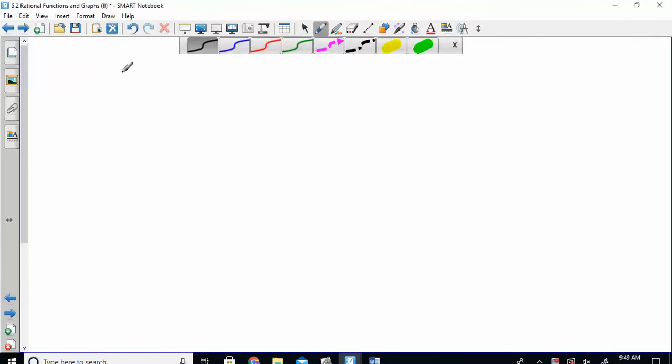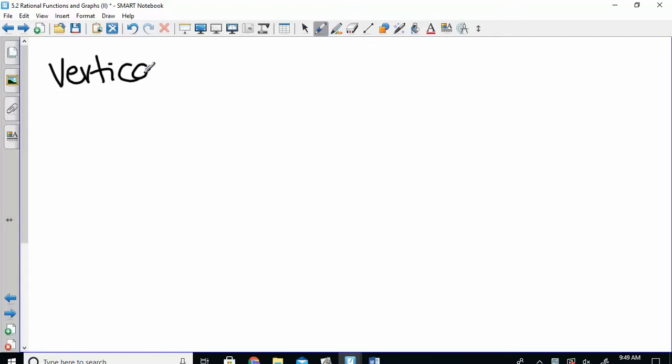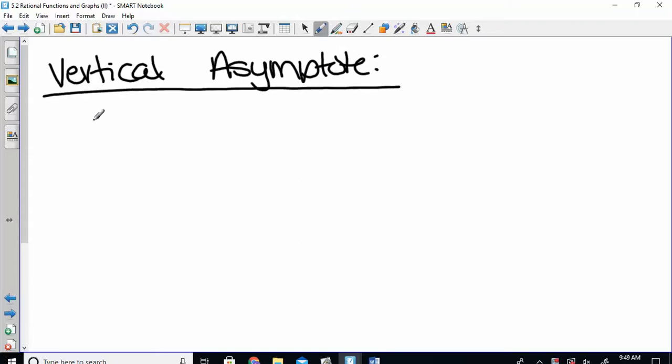So that is our first thing. If you have a vertical asymptote, it is always going to be x equals some number. And where does that number come from? I think a few of you made the connection.